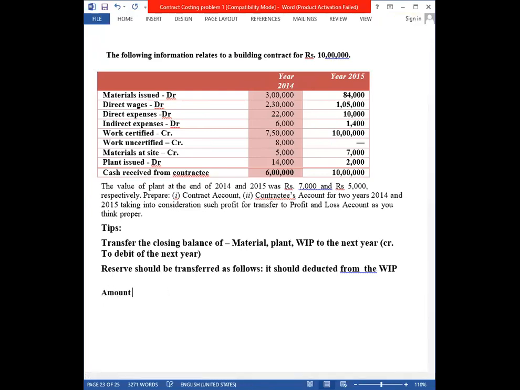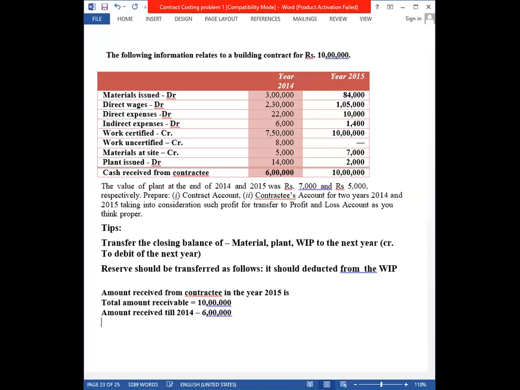So the amount received from the contractee in the year 2015 is, so the total amount receivable is 10 lakhs. Amount received till 2014 equals how much? 6 lakhs.